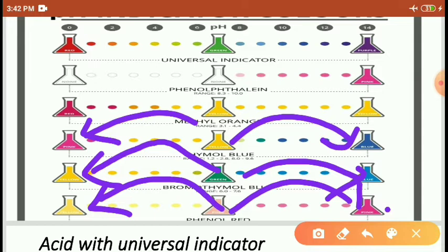If hydrogen ions are more, it turns bright red color. When hydrogen concentration is less, it may turn yellow, or it may turn pink, right students? So hydrogen concentration reacts with the universal indicator. Hydrogen concentration decides the color of the acids. Understood students?